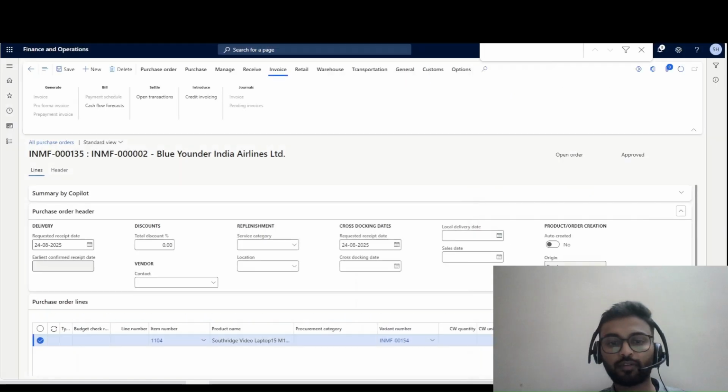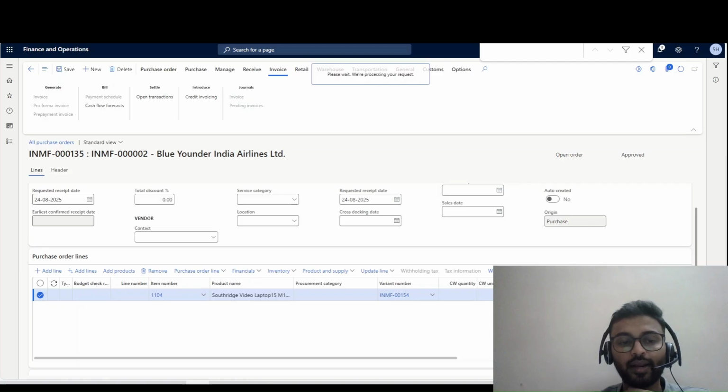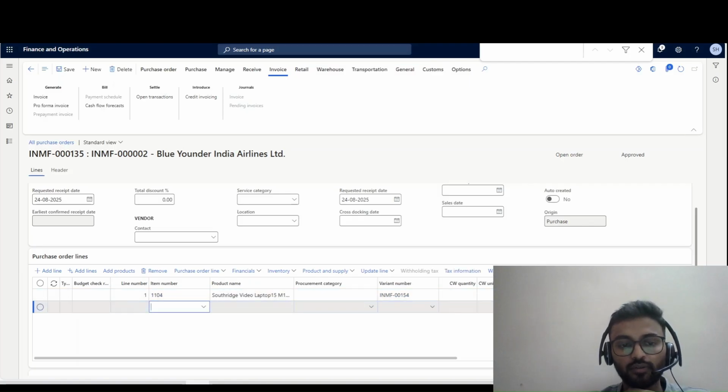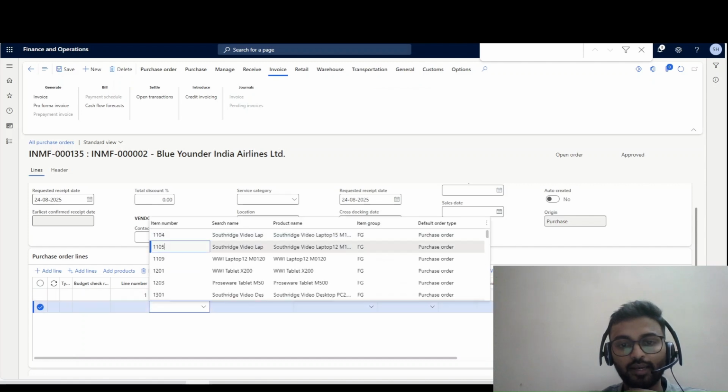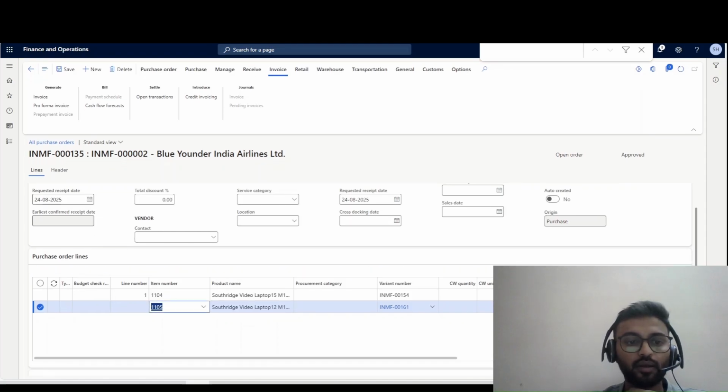Now you will not find this warning. Here I'm going to add two lines for a better example. So I have added two lines here. That's okay, I'm ignoring this error.